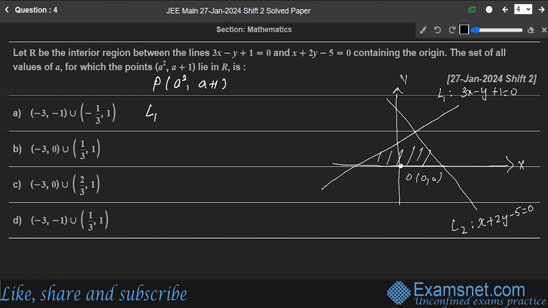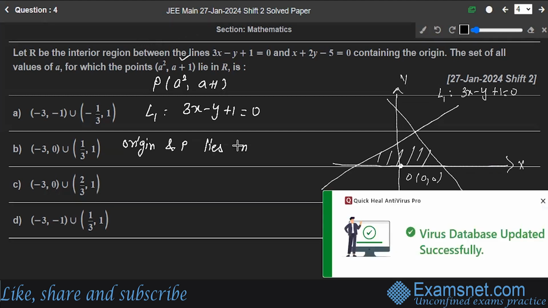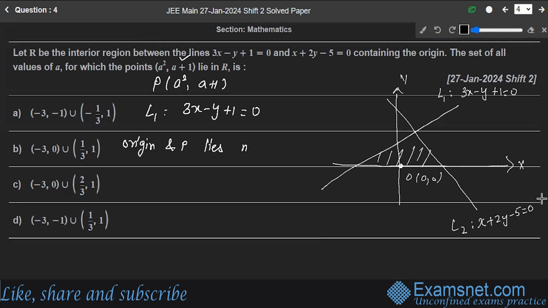And you have the first line equation as 3x minus y plus 1 is equal to 0. You are given in the question that the origin and this P should lie inside. Origin and P lie on the same side with respect to L1, right? So that means L1 at 0 and L1 at P, the product of them, is greater than 0.